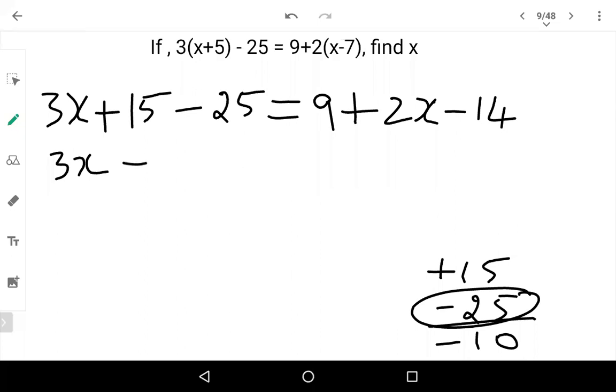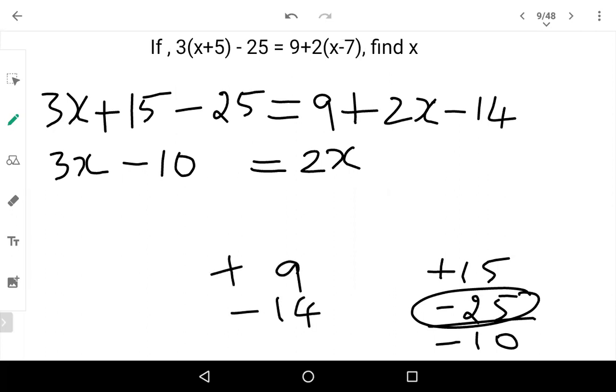So 3x minus 10 is equal to, now coming on to the other side, we have 2x. Apart from 2x, we have plus 9 minus 14. First 9 minus 14 will give me 5 and the bigger number has minus sign, so minus 5. Good, Anusha. So you'll have minus 5. Okay, so this is your second step.